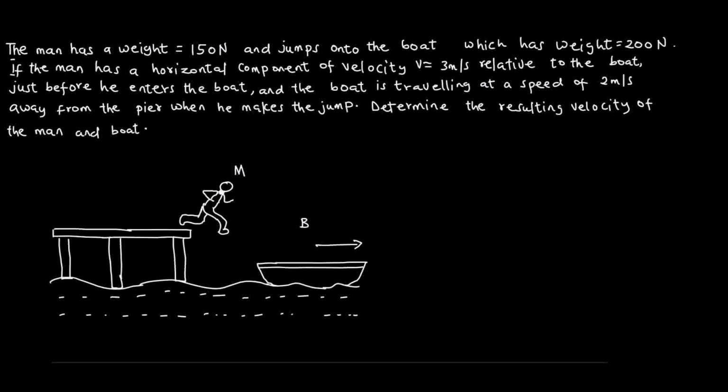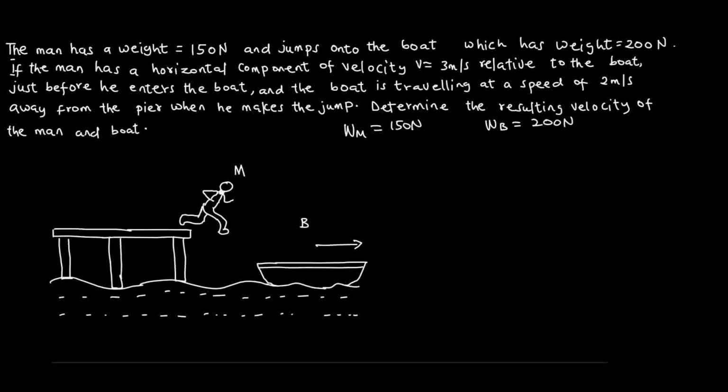So that's the question. Let's analyze this question very well. In the question, we're given the weight of the man, which I write as weight of the man, which is given to be 150 newtons, and the weight of the boat, which was given to be 200 newtons.